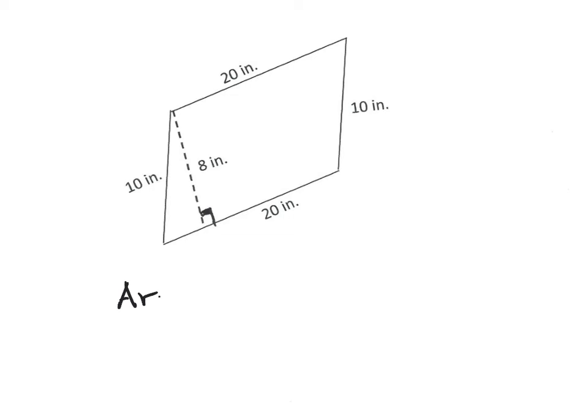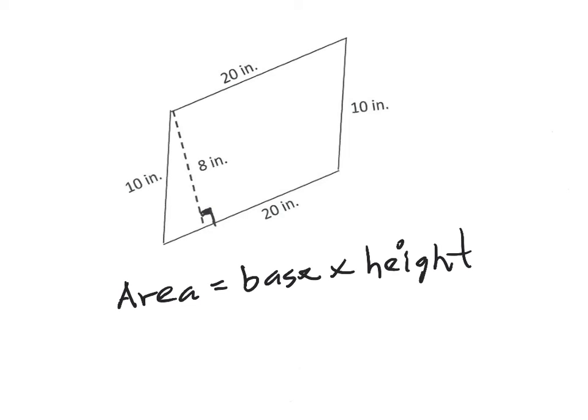Area equals base times the height. And as I said, we'll go to that square, and we're going to highlight 2 lines on that square that are part of our parallelogram or in the height.